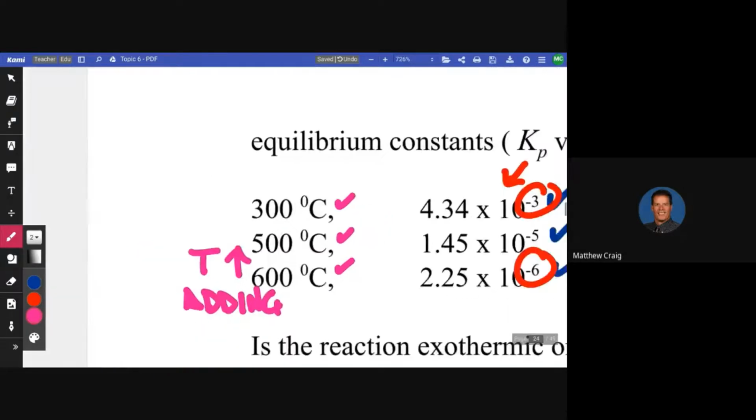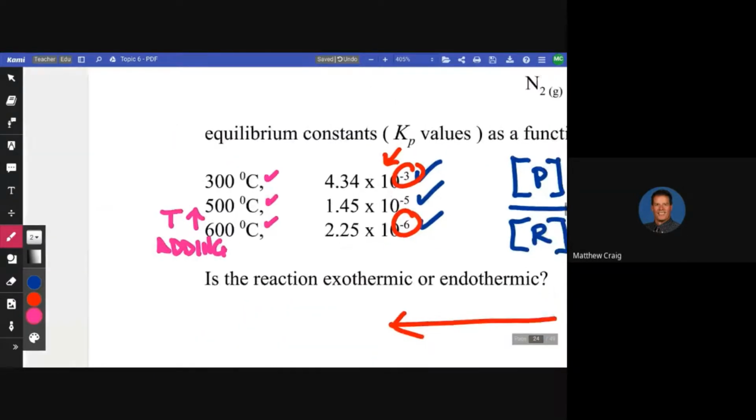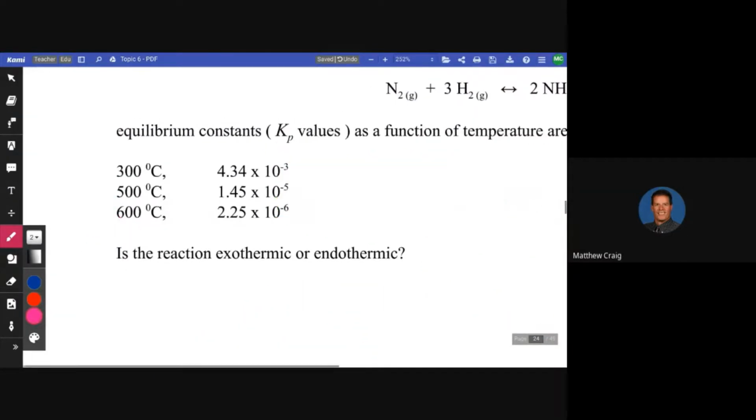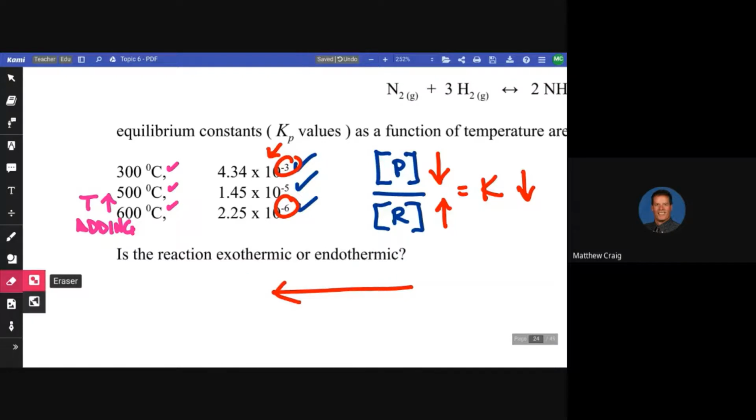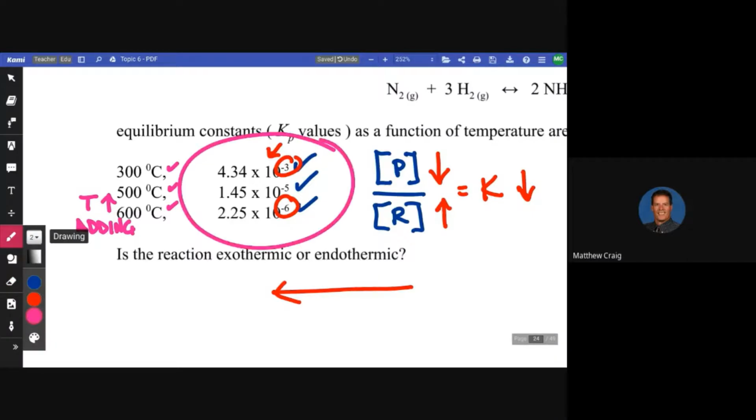Since we're adding energy, looking at what we just determined for the shift, it is the result of the addition of energy. As a result of the addition of energy, our K values have decreased, which caused the reaction to shift left.